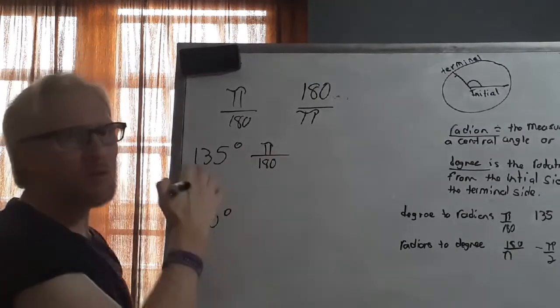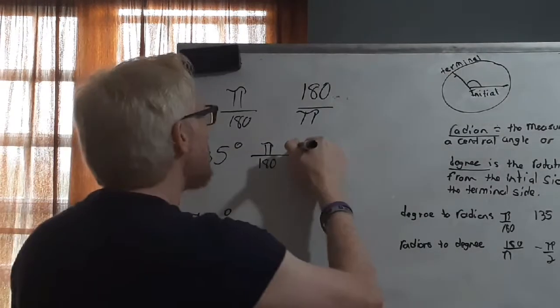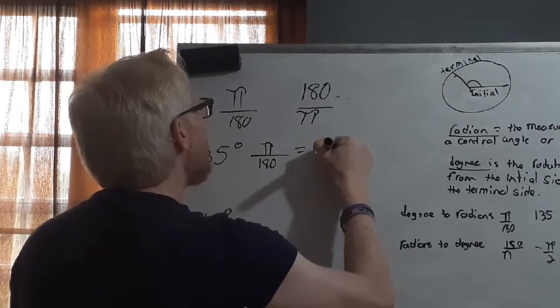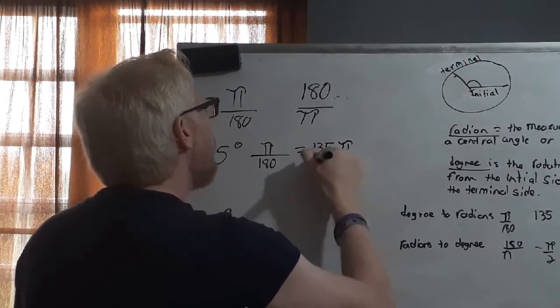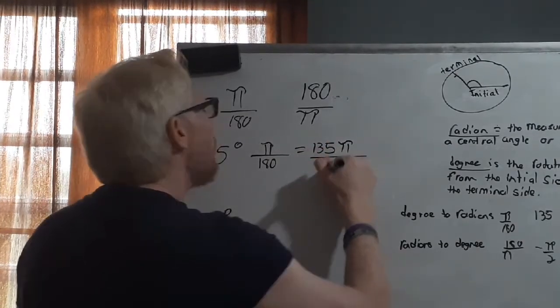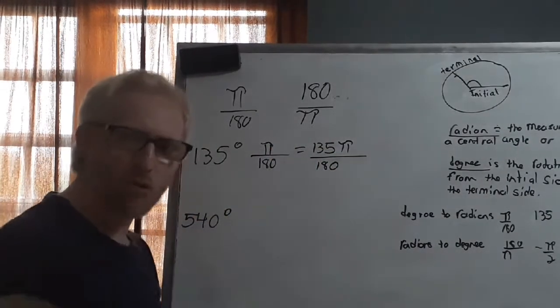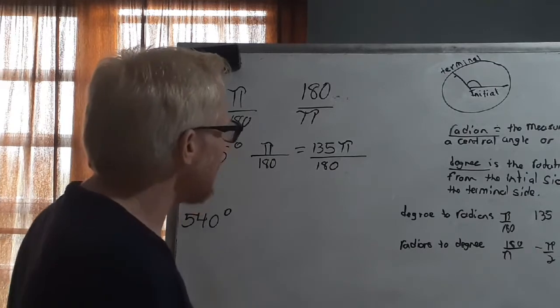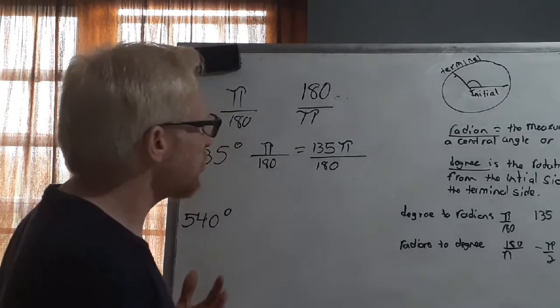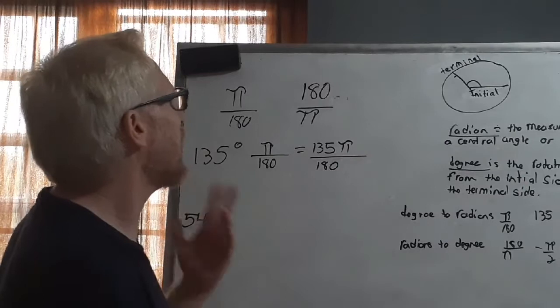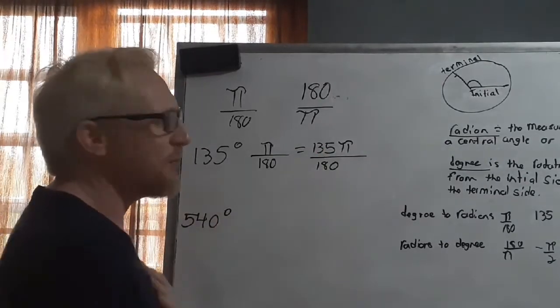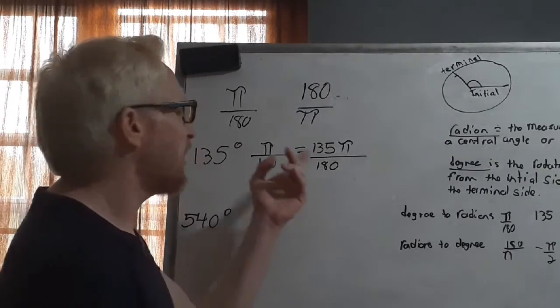I'm going to multiply 135 times pi, which is 135 pi over 180. Now I want to reduce the fraction, because this fraction can reduce. You use your rules of divisibility. One of the rules states that if I have a 5 and a 0, I can divide each number by 5.